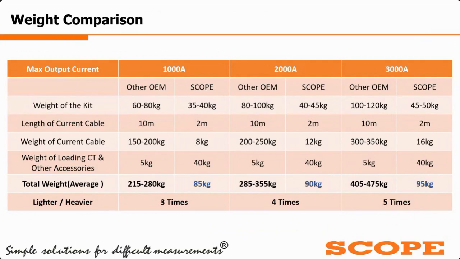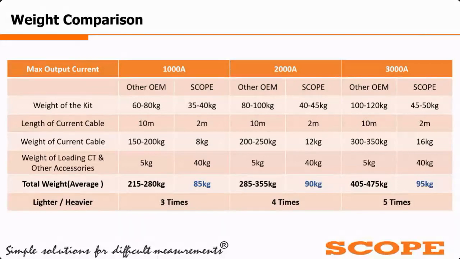And for the other parts, we can see the total weight on average. For other manufacturers, injection of 1000 ampere requires 215 to 280 kg, and for the Spoke manufactured Prima series, injection of 1000 ampere requires only 85 kg, including loading unit, control unit, and all accessories.